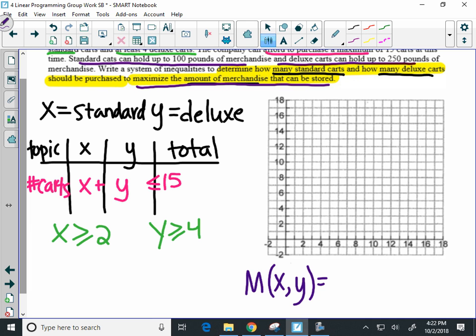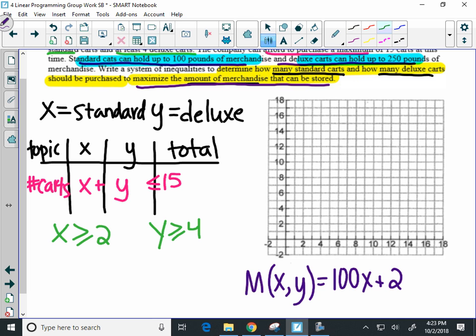Now, what this tells us up above is that the standard cart can hold 100 pounds of merchandise. All right, that's going to help us figure out what the maximum amount of merchandise is. So we're going to do 100x, saying that a standard cart can hold 100 pounds of merchandise, plus a deluxe cart can hold up to 250 pounds.